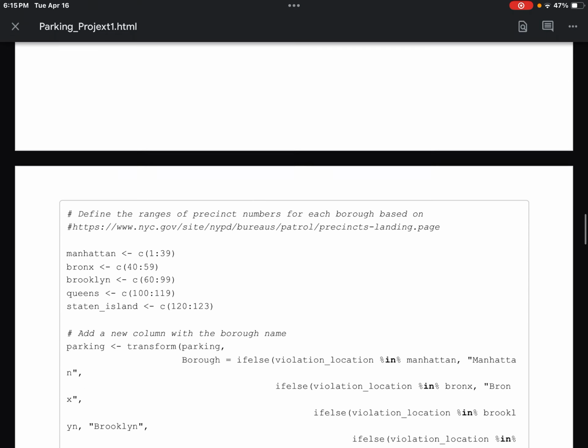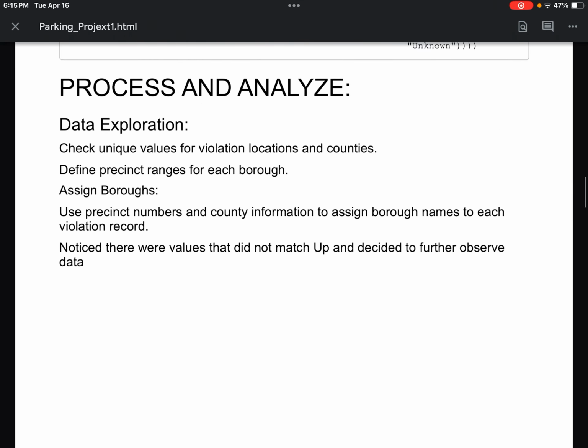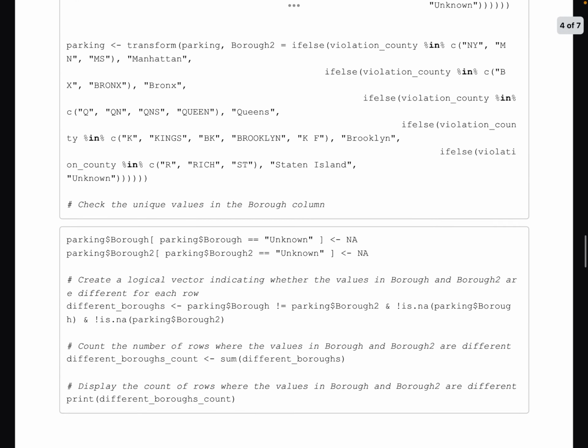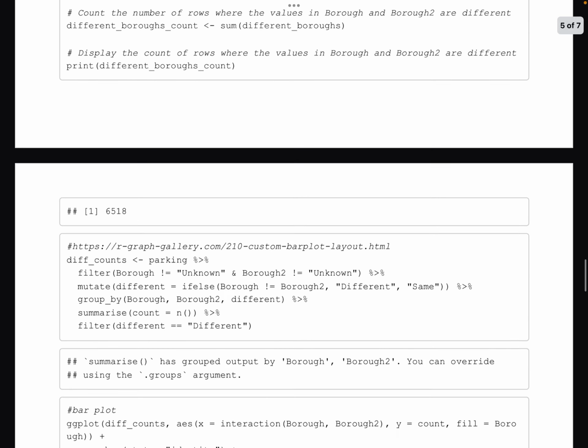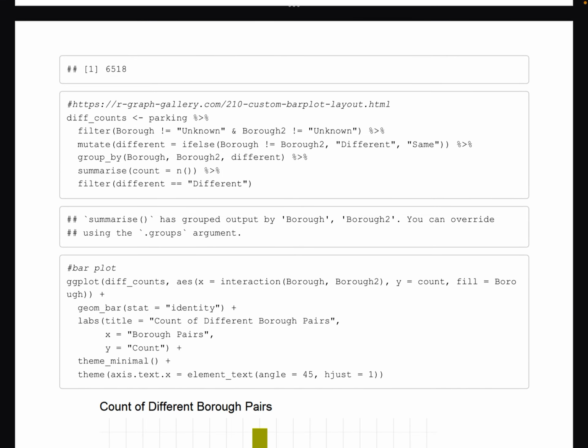My original intent was to figure out how serious it was, but I got distracted and I went where my data took me. My data took me to graph how many times the boroughs had pairs that had a difference between my data. So I named them Borough 1 and Borough 2, and I wanted to check how many times they did not match up.